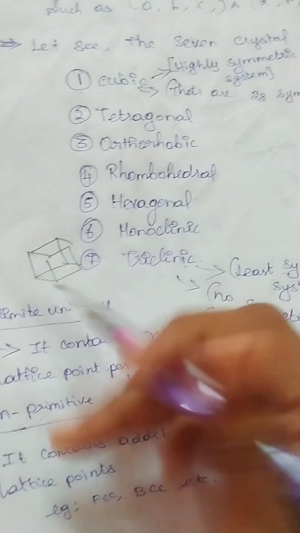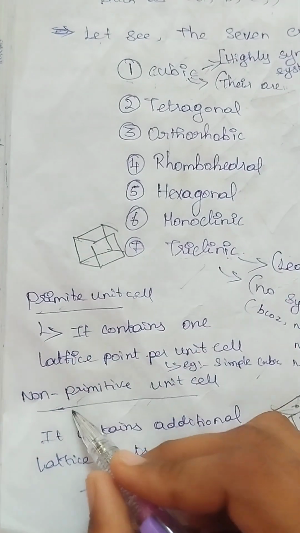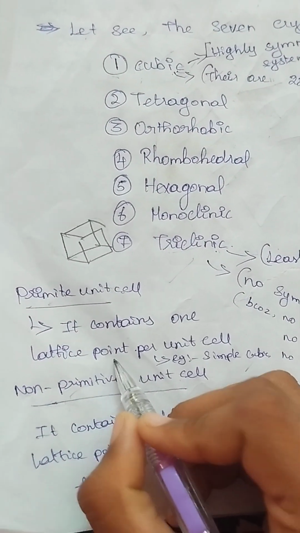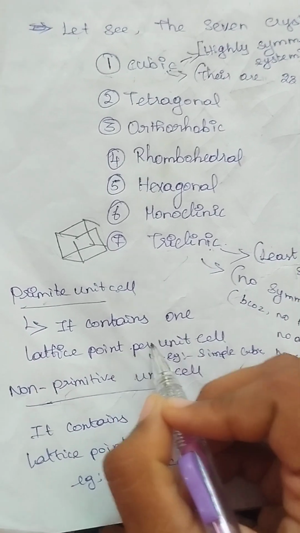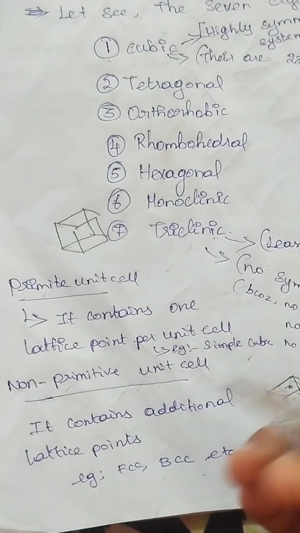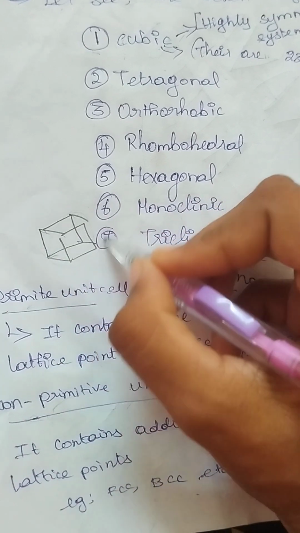Okay, first we have to know what a primitive unit cell and a non-primitive unit cell are. A primitive unit cell contains only one lattice point per unit cell. But a non-primitive unit cell contains additional lattice points. In a simple cube, there are no additional lattice points.